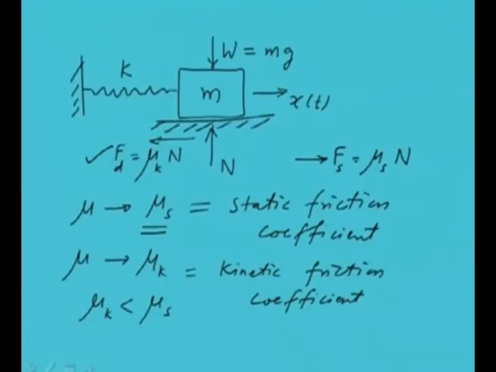If the inertia force of the body because of the initial disturbance is less than the friction force and the stiffness force, then this body will stop at some extreme position and try to return toward the left side.